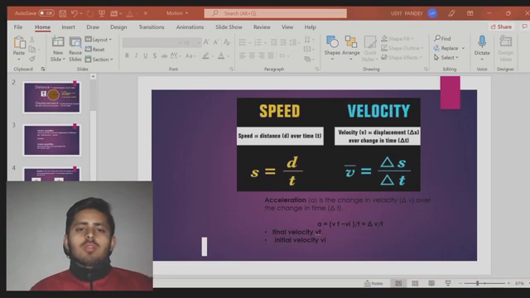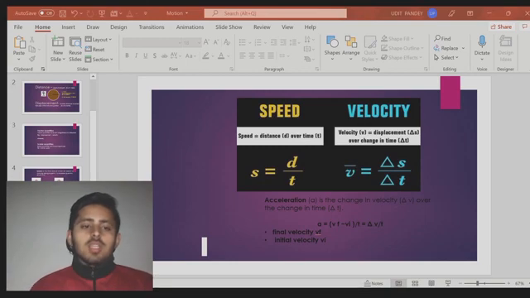Now that we have studied speed, velocity, displacement, distance, we should also learn the topic acceleration. What does the term acceleration mean? Acceleration is the change in velocity over the change in time. What does this change in velocity mean? It means the difference between the final velocity and the initial velocity.